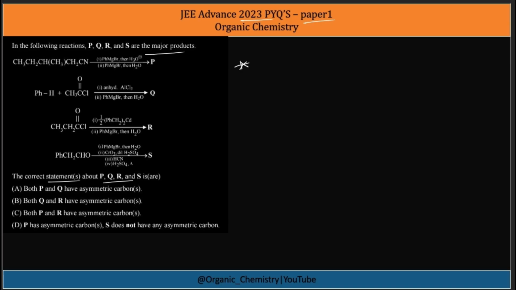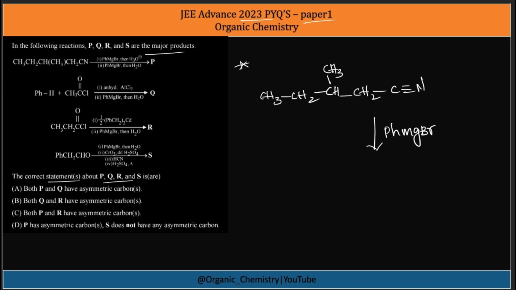Here the first reaction will be what? CH3, CH2, CH, CH3. You can write it in a bond line form, which is easy. So the reagent is this Grignard reagent, PhMgBr, and then they have given hydrolysis, right?